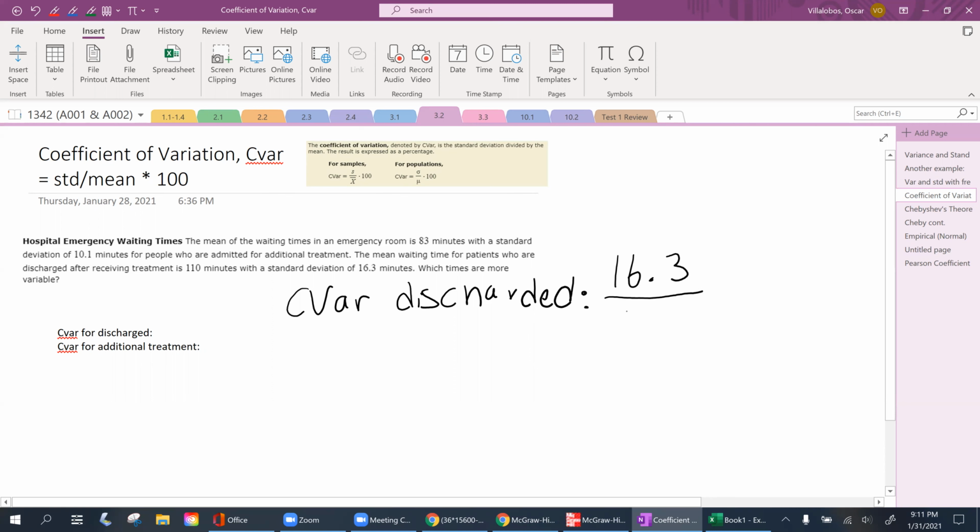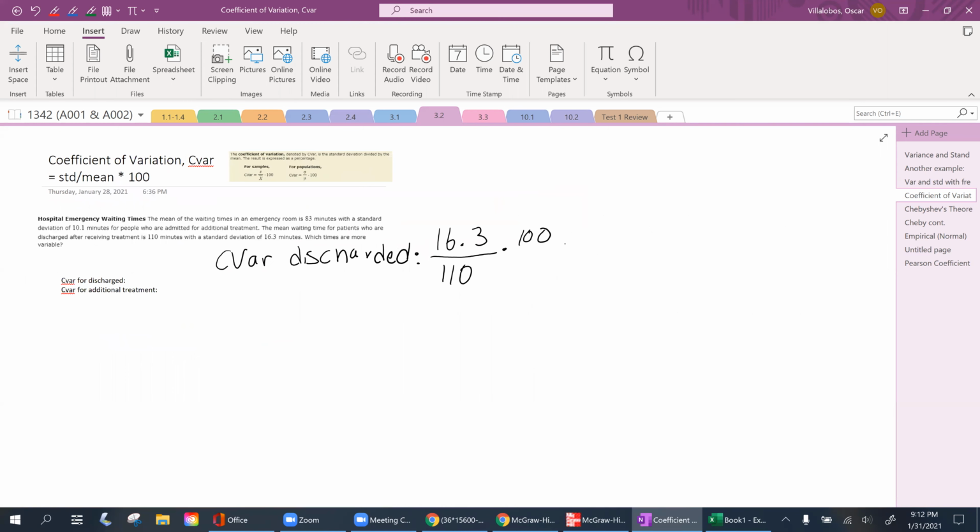So 16.3 divided by 110, let's give 4 decimal places, is going to give me 0.1482. Now I multiply that by 100, and this is going to be 14.82%. To find which time is more variable, it just means which has the highest percentage. So this is for discharge.